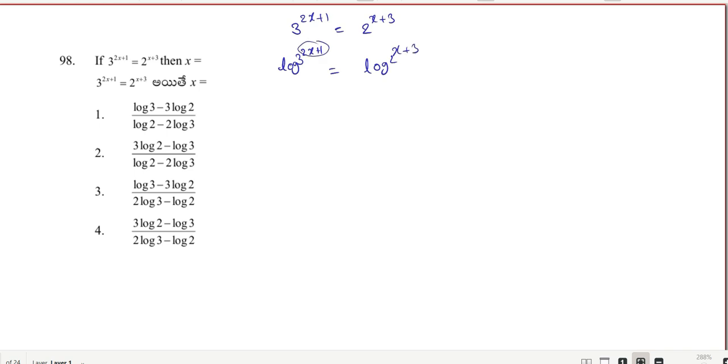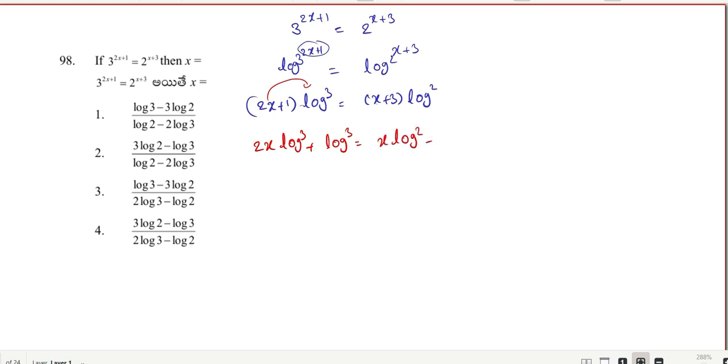By applying the power rule, this can be written as 2x plus 1 times log 3 equals x plus 3 times log 2, and applying the distributive property again: 2x log 3 plus 1 into log 3, that is log 3, and x log 2 plus 3 log 2.